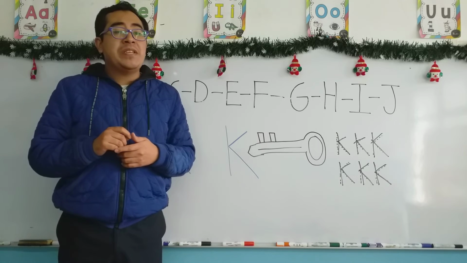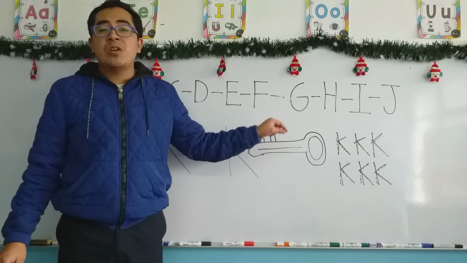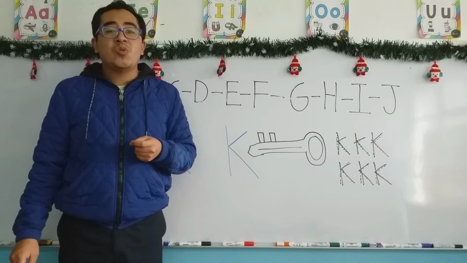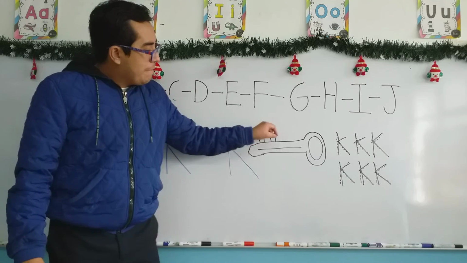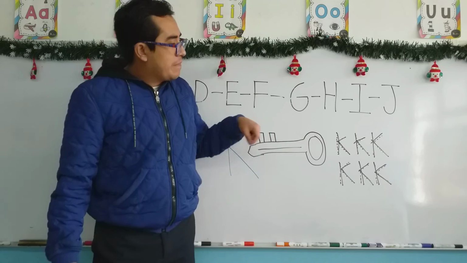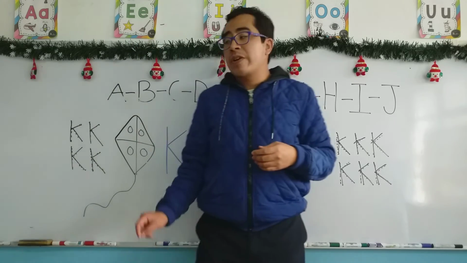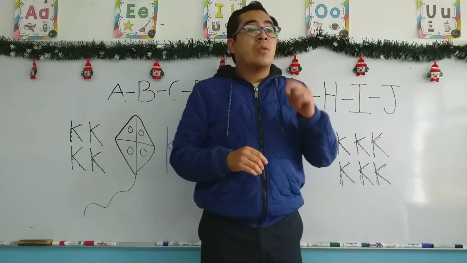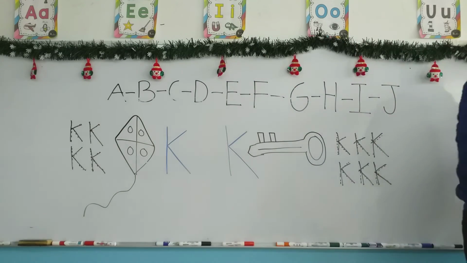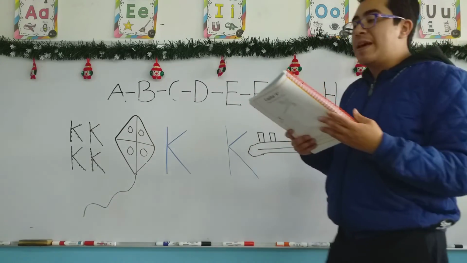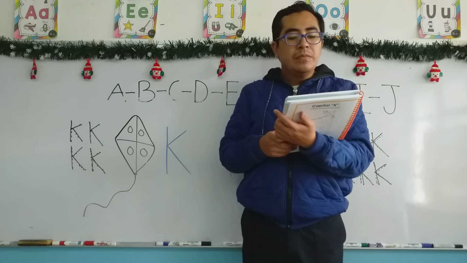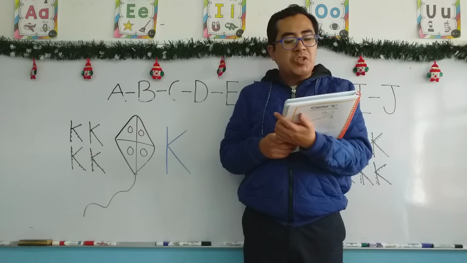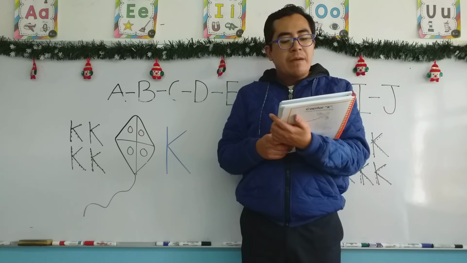While you are painting the object, mientras coloreamos el objeto, no se les olvide repetir su nombre. Key. Key. The same thing goes for kite. Lo mismo para kite. Now, on top of the page, we have a sentence that says, which are the 3 keys which cannot open any door?